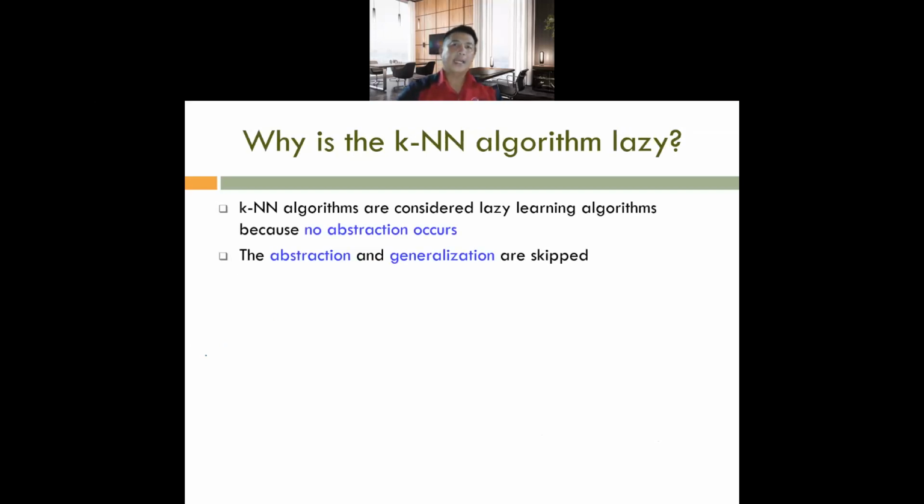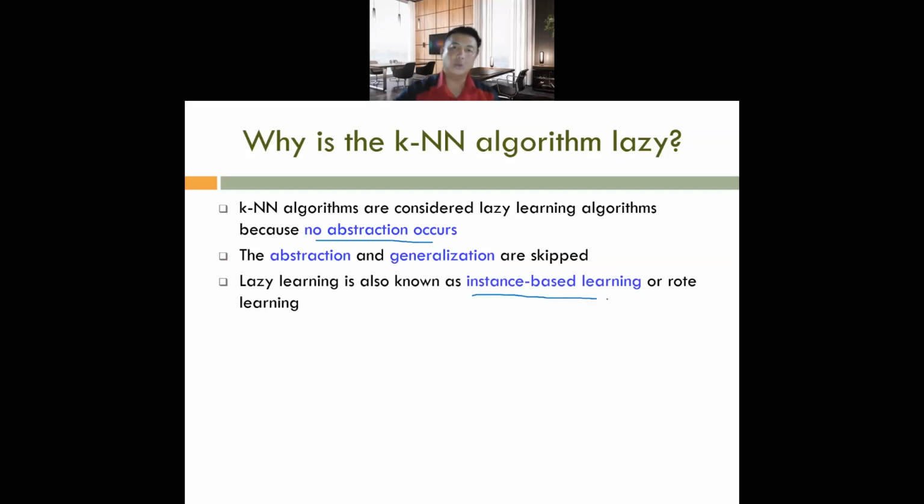Why is the KNN algorithm called lazy? Because we do not need to train it. We just compute the distance. No abstraction, no modeling, no training. Lazy learning is also known as instance-based learning because we are looking at the instance, the sample of the data.